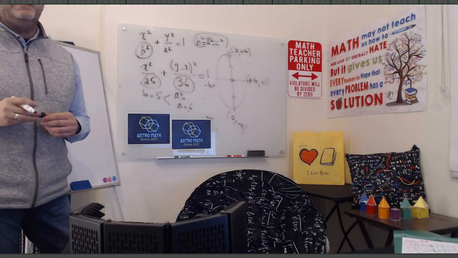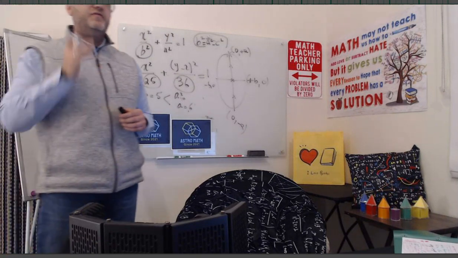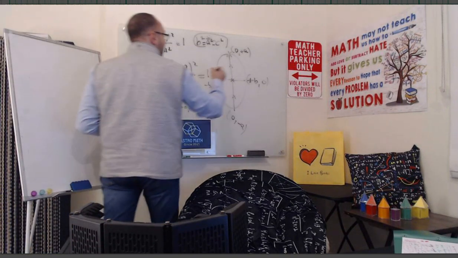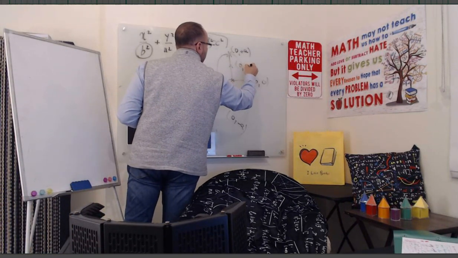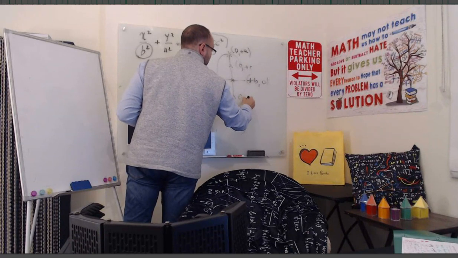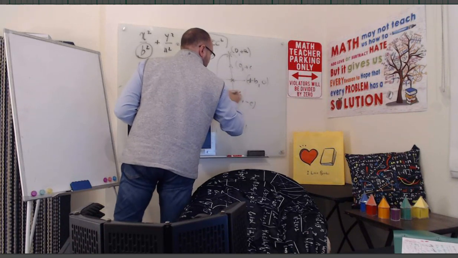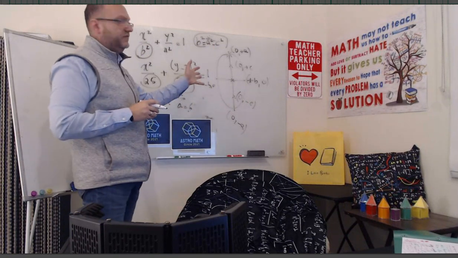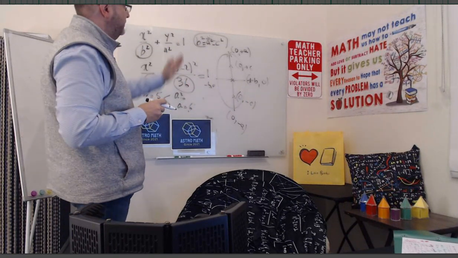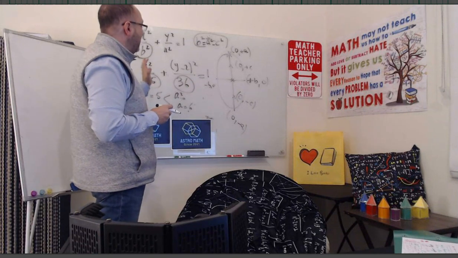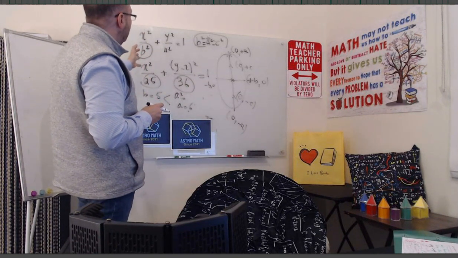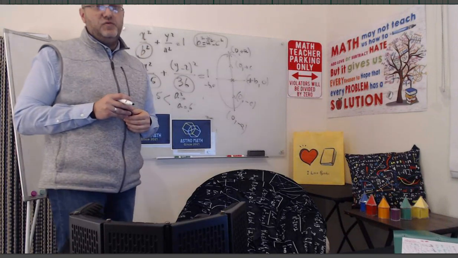Your foci are going to be here, and they're going to be in the form of, again, 0 plus c and 0 minus c. So it's a flip of the ellipse. Now the ellipse is vertical, okay? Think about it as quantity under x squared being smaller than the quantity under the y squared.